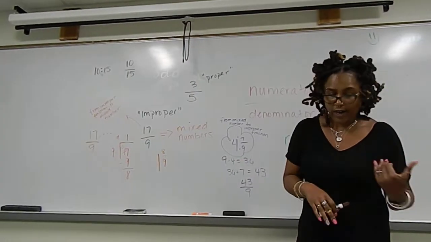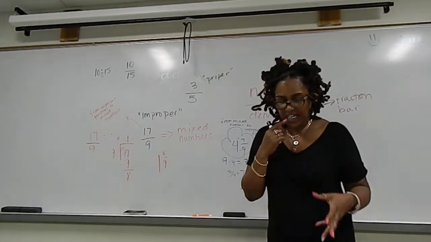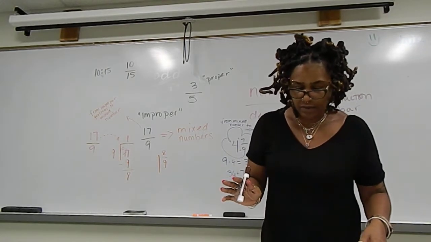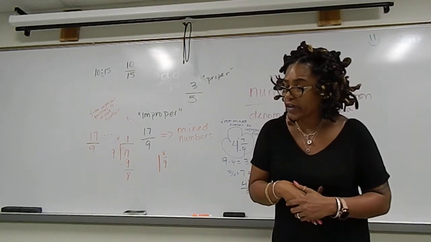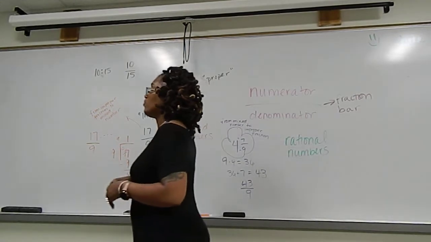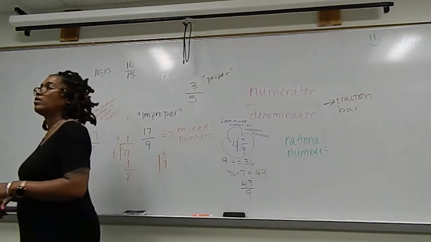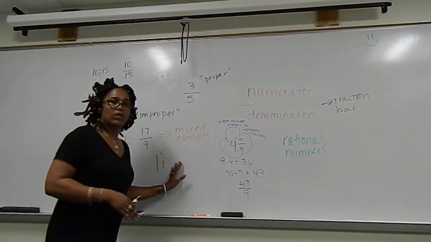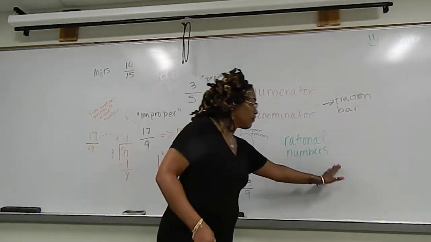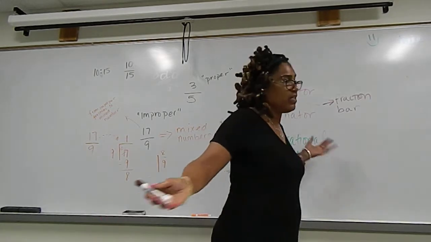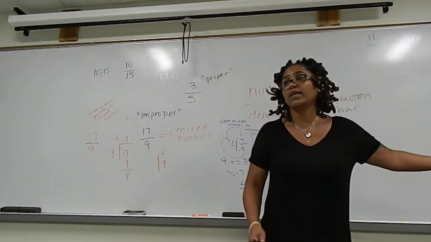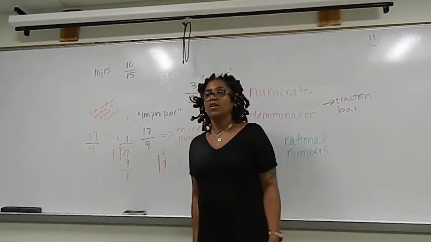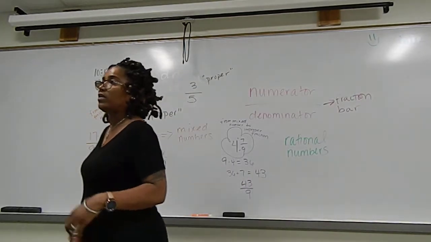Fractions, improper fractions, fraction bars. All right, and so every single integer is a rational number. So we know, go back, integers are signed numbers, right? They're any numbers from 1 to 1 million indefinitely, and from 0 to negative 1 million indefinitely. So from negative infinity to positive infinity, we know that those are numbers. They're called signed numbers.